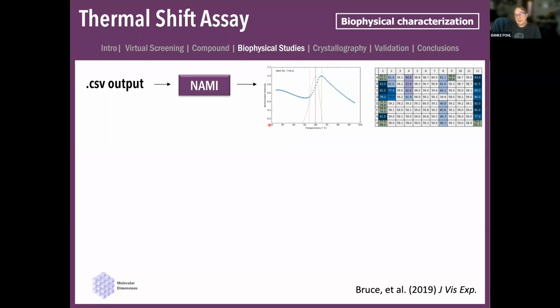The melting temperature of the protein is supposed to increase when a ligand is bound. So again, it's a very simple premise. We simply assume that if a ligand is bound, our protein is more stable because the ligand holds everything together. So we increase our melting temperature, and we can do this in a 96-well format, with a simple PCR machine.